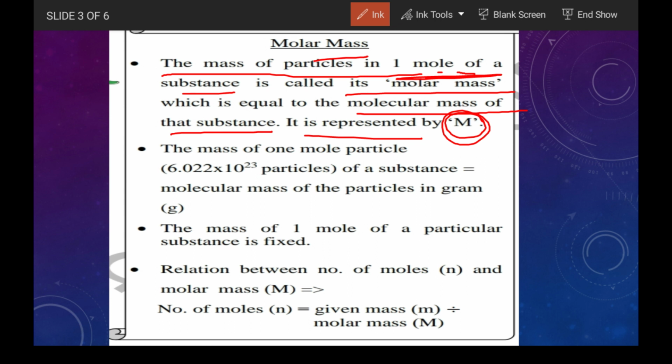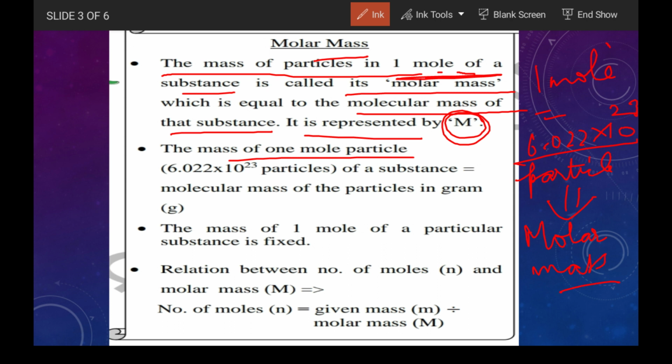The mass of 1 mole of particles, we know that in 1 mole how many particles are there? 6.022 × 10^23, that is your Avogadro number. Okay beta, this many particles are there in 1 mole, so their mass is your molar mass.